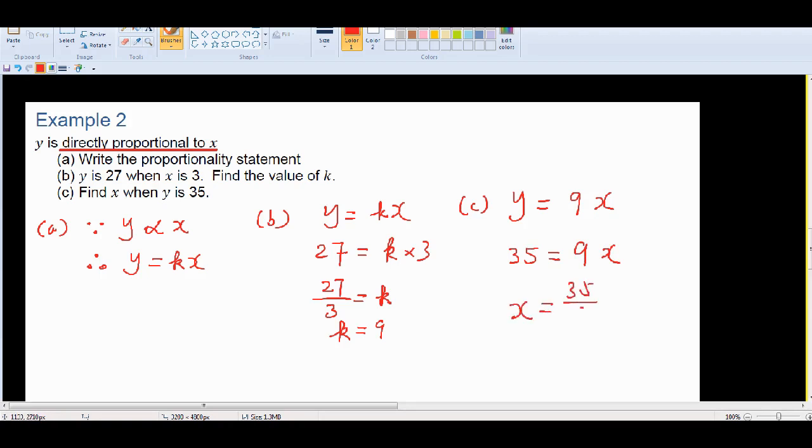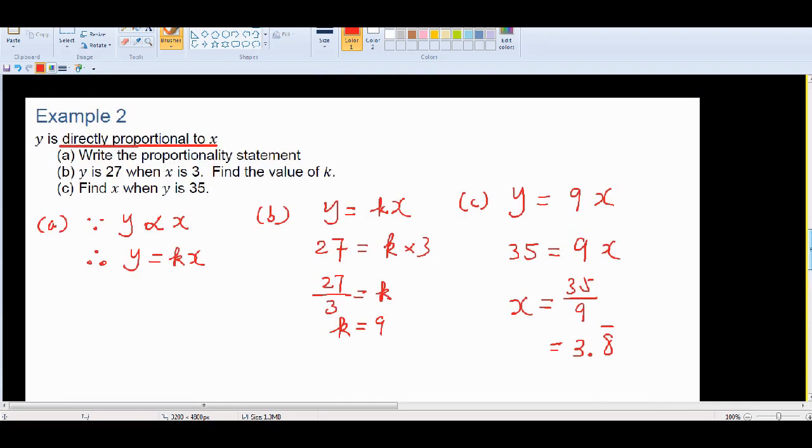You divide 9 to the other side, and the value you got will be 35 divided by 9. Possibly if you want to have a decimal number, that's okay. The decimal number will be 3.8. It's a recurring decimal.